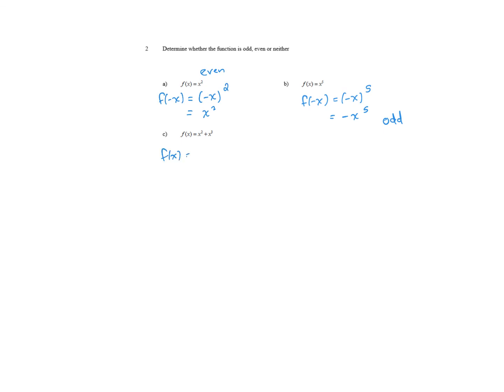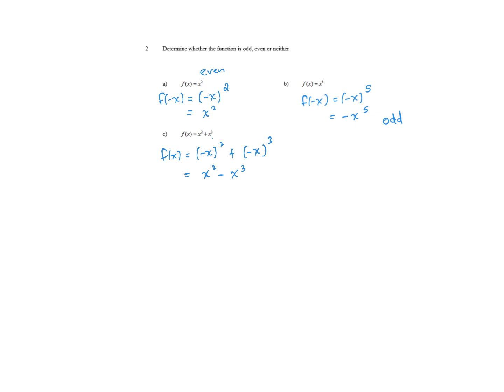This one we have x squared plus x cubed, so x becomes negative x. So negative x squared would become positive x squared. Negative x to the power 3, well, now I have 3 negatives, so that means the result will also be negative. So x squared stayed the same, it's still positive.